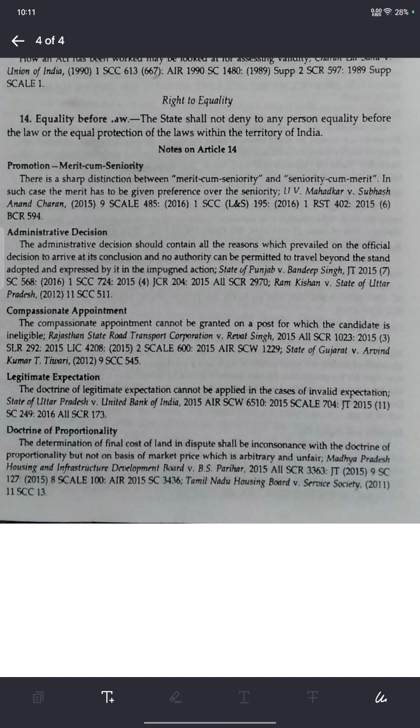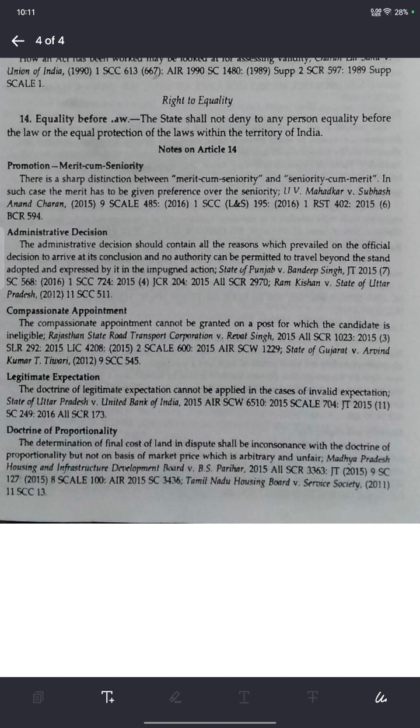Doctrine of proportionality, State of Uttar Pradesh versus Union Bank of India. The determination of the final cost of land in a dispute shall be in consonance with the doctrine of proportionality, but not on the basis of market price, which is arbitrary and unfair.